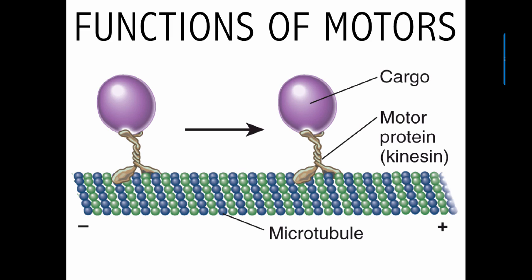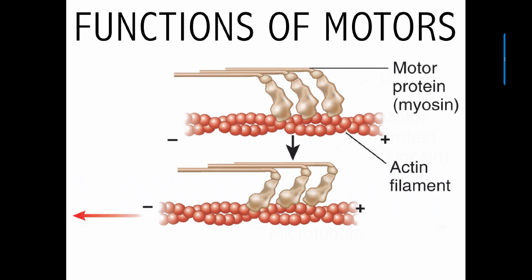So kinesin works with microtubules, and myosin works with the actin filaments. So let's go back to our myosin example. One of the things that myosin does is it works in muscle contraction. So we have an actin filament again here, and here's a whole bundle of motor proteins. And what we can do is tether these tails to another actin filament.